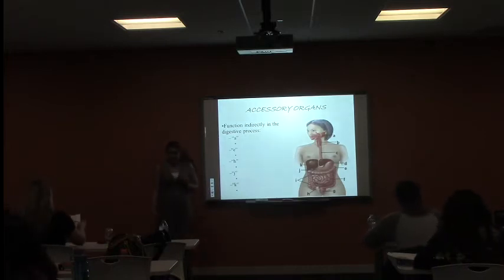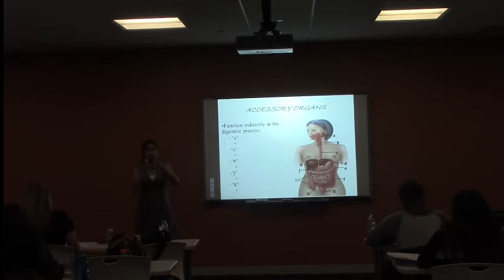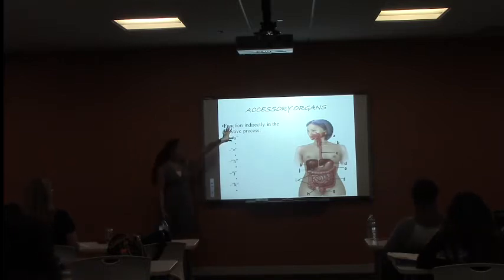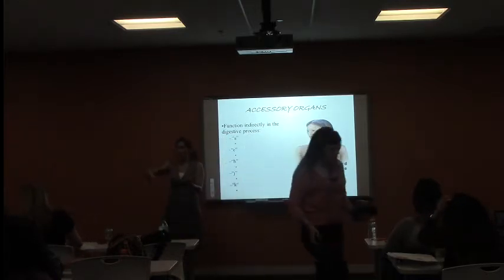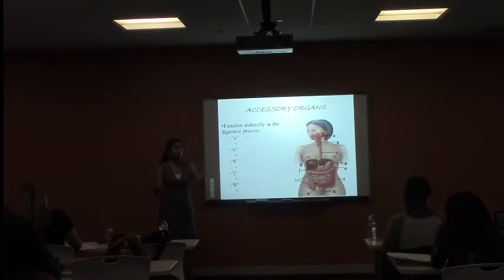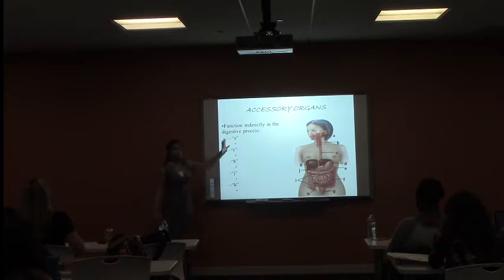Now, when we're talking about the digestive system, we have main digestive organs and we have the accessories. The main digestive organs function to actually digest food. Stuff is going through them and they're doing the process of digestion and absorption. The accessory glands indirectly affect digestion.